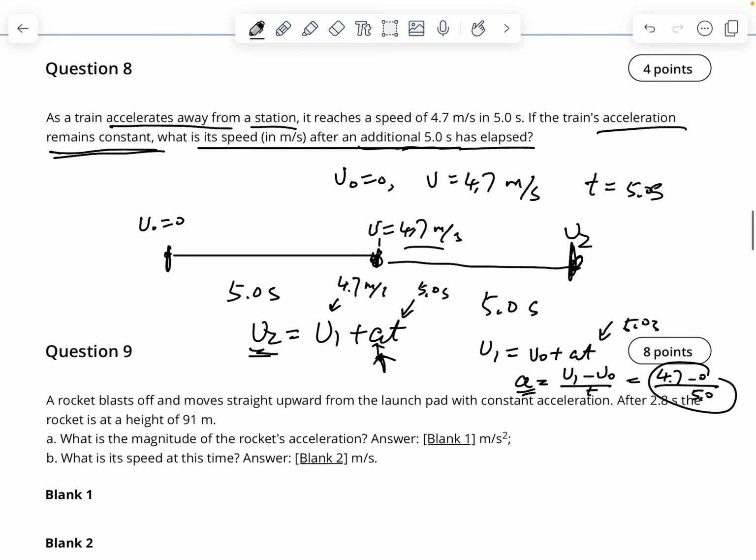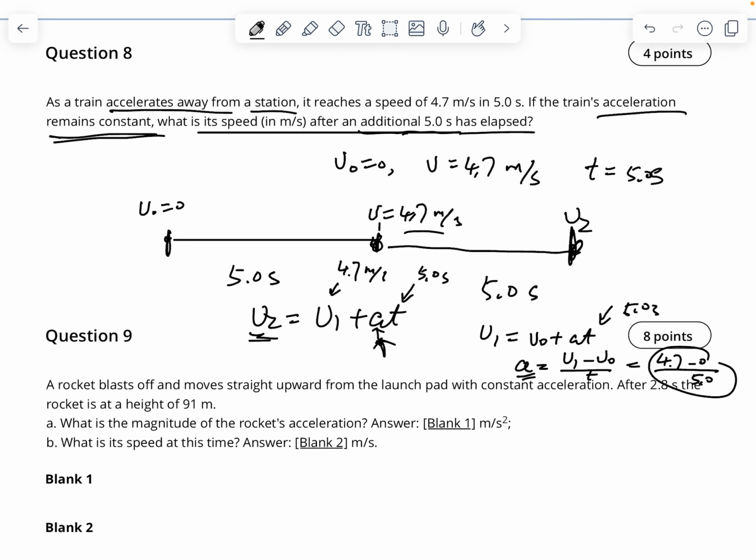So the answer will be 9.4. So this is 4.7 plus, so this is 4.7 minus 0 over 5.0, times 5.0, you see, right? So this is 9.4.